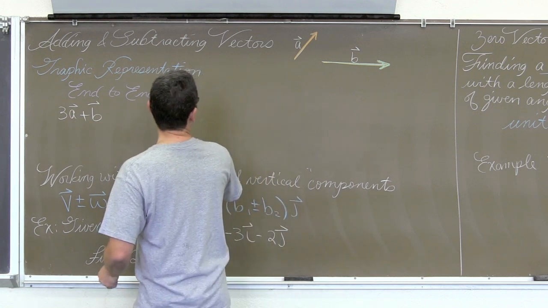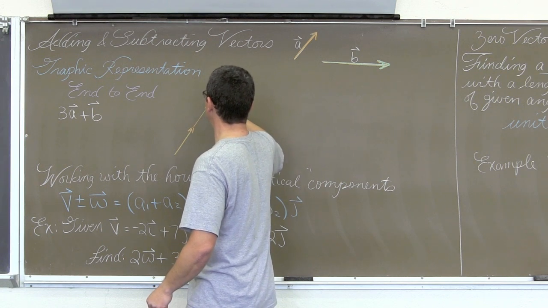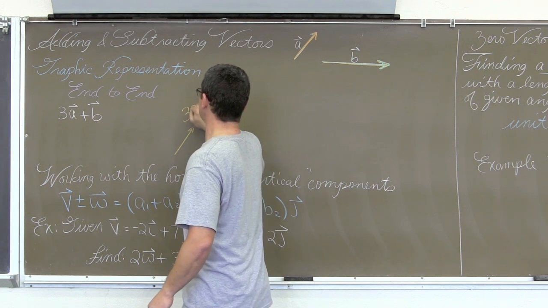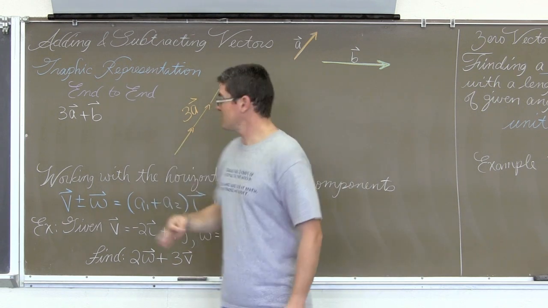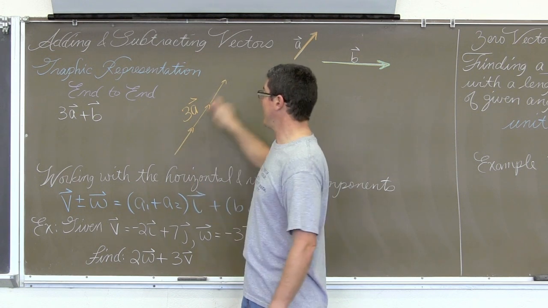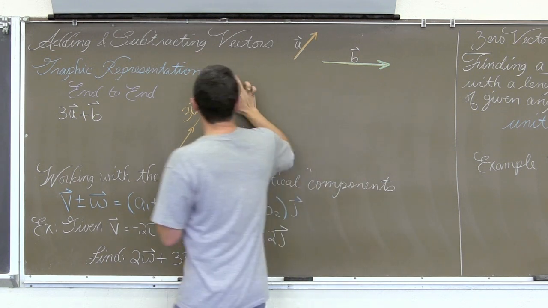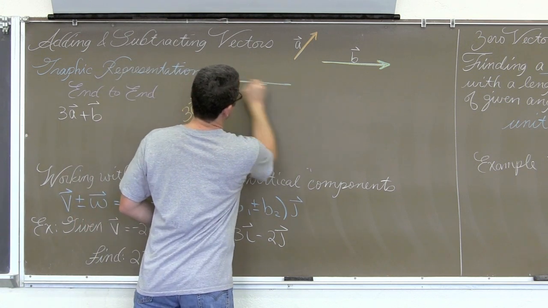So here's 1 length of a, 2 length of a, and there is, the best as I can sketch, 3a. And then, instead of drawing b starting from the same point, I'm going to go end to end and start b up here. So vector b is somewhere around that length.